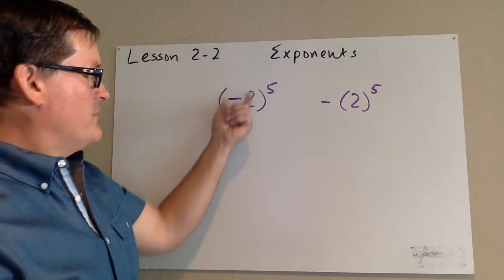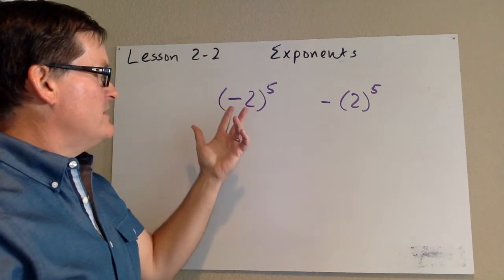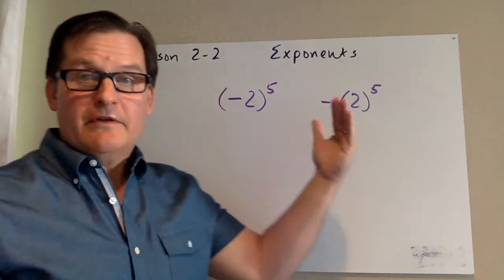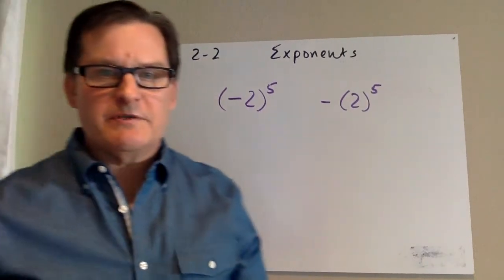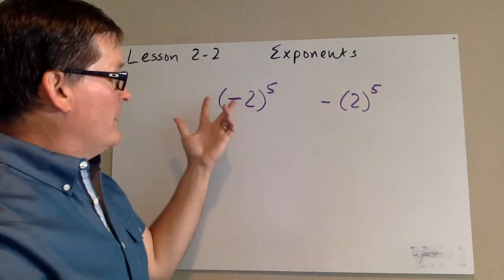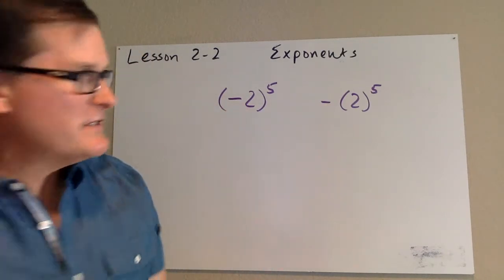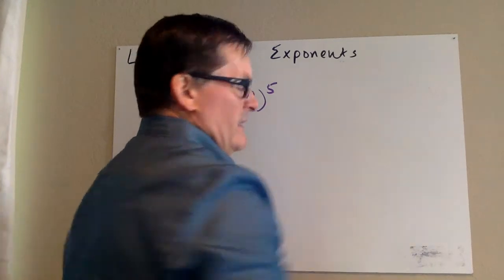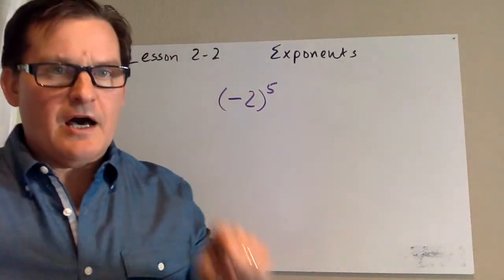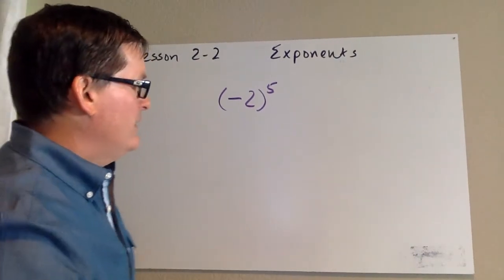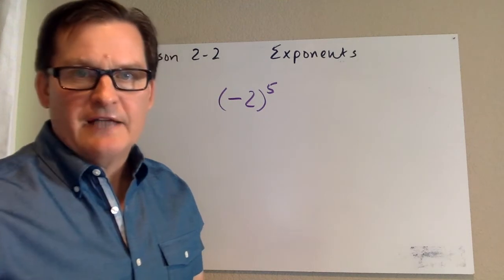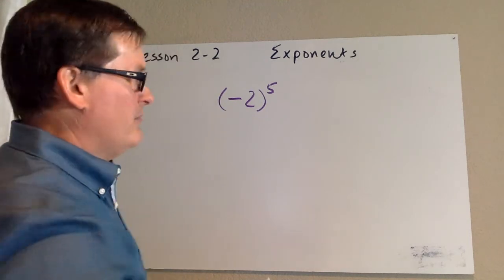The order of operations requires we pay attention to what's in parentheses first, which we have a -2, and then we do the exponent. So these 2 will yield 2 completely different answers. We're going to focus on this scenario first, and then we'll go into the second one. It's worth spending some time practicing, because mistakes are commonly made on these problems. They're easy to make mistakes on, but they're also easy to get right. So let's focus on practicing them and getting them right.